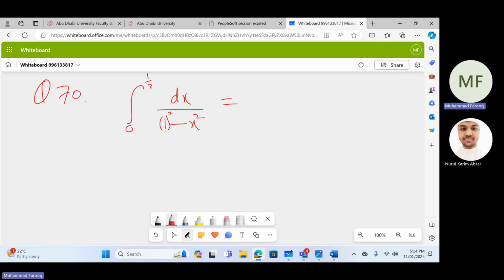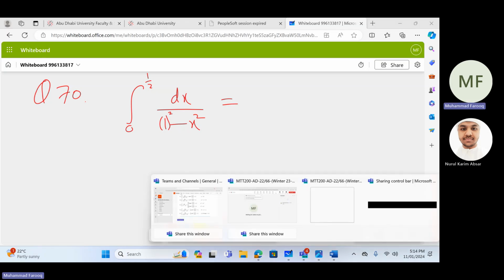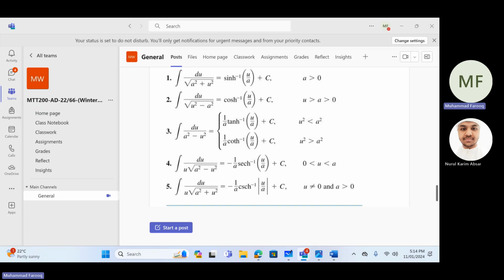The third case has two options: either tangent or cotangent. With the third rule you have a condition. If the constant squared is greater than the function squared, the answer is tangent. If the constant squared is less than the function squared, the answer is cotangent.